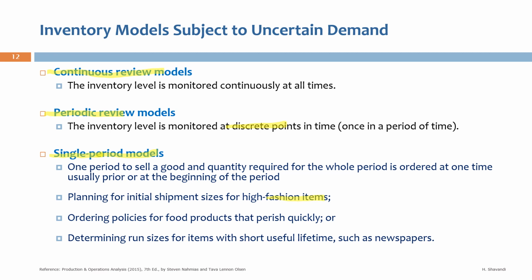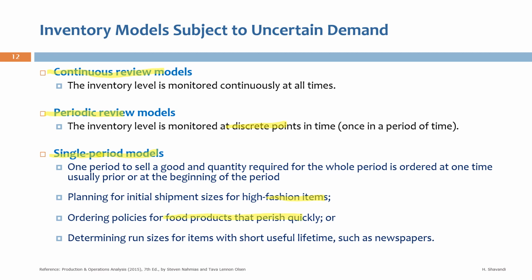They have a very short period for sale, and we need to order those fashion goods or seasonal goods prior to the season or at the beginning of the season, and then we will manage our sales over that period. Or, for example, food products that perish quickly, right?